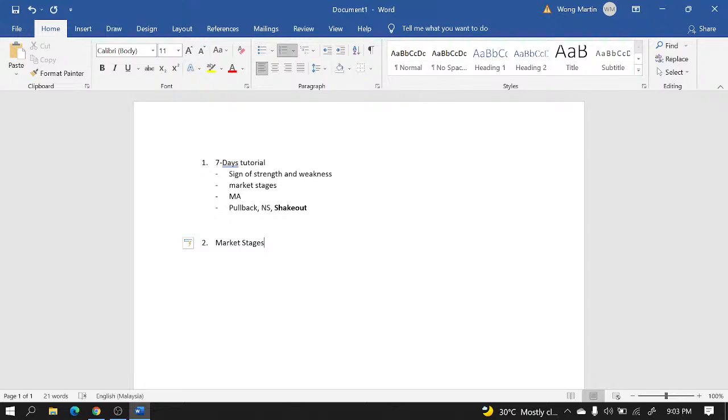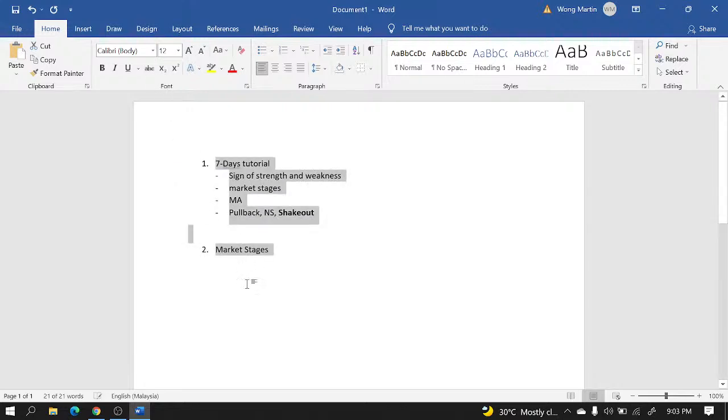Now, when we talk about market stages, of course we want to learn how to identify what we are looking at right now. Let me bring this up a little bit. First of all, we want to identify whether the stock is currently in accumulation or reaccumulation.